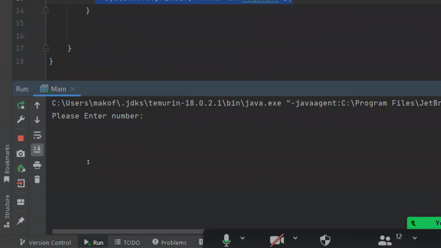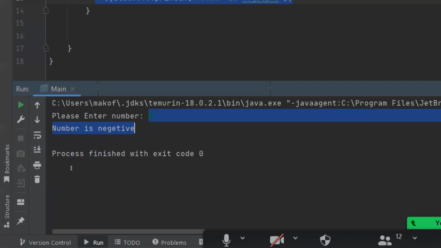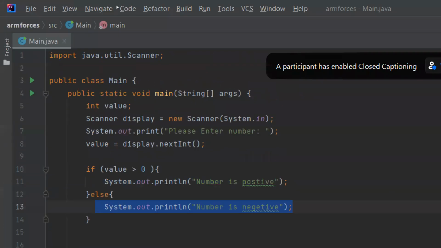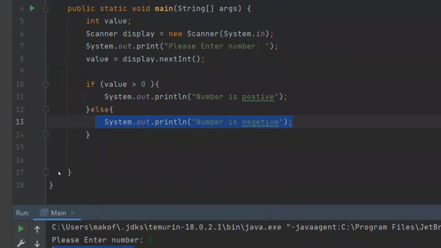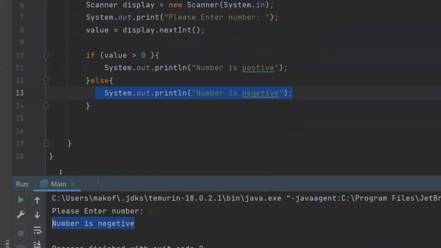If I type 0 here and I press enter, it will tell me that my answer is negative. Now, why is it telling me my answer is negative? Is 0 bigger than 0? No. That means that the else statement will kick into gear. Do we understand?